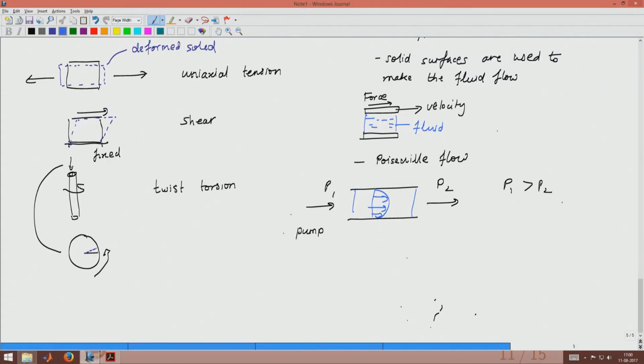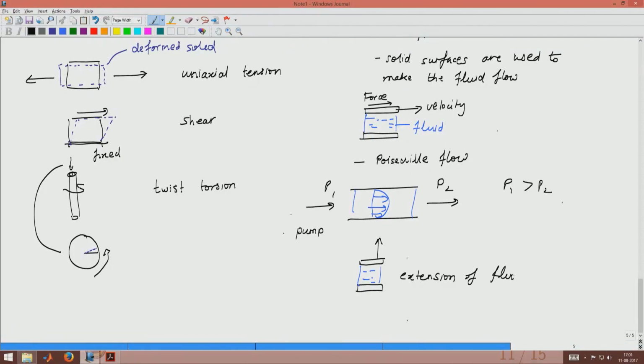In both of these cases the fluid is getting deformed, and the other example that we saw when we were discussing unusual flow phenomena was also the fact that I can take the fluid between two plates and move the top plate with a certain velocity, and then again I will have extension of the fluid element.